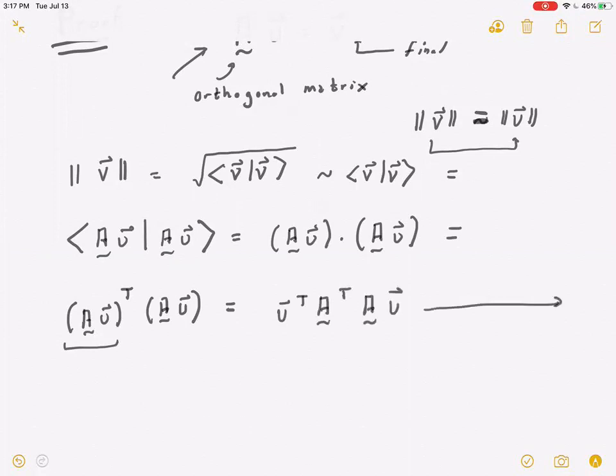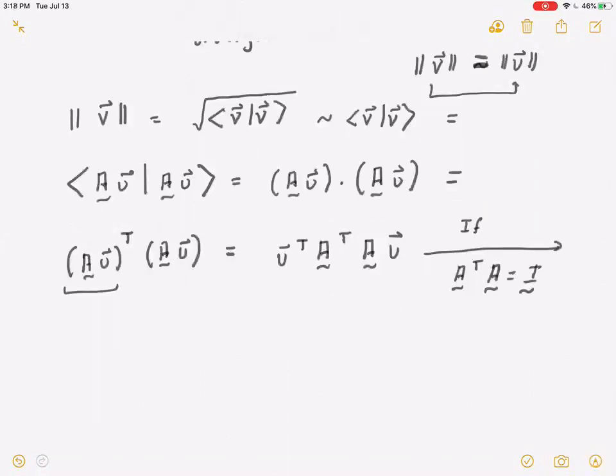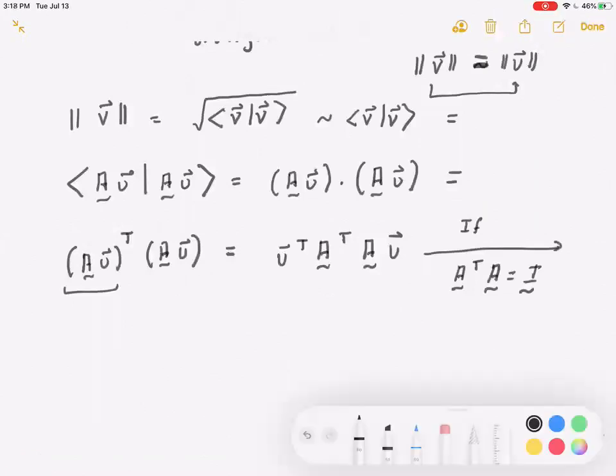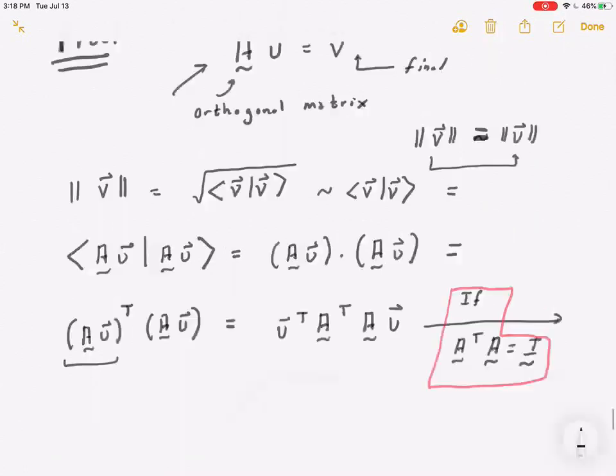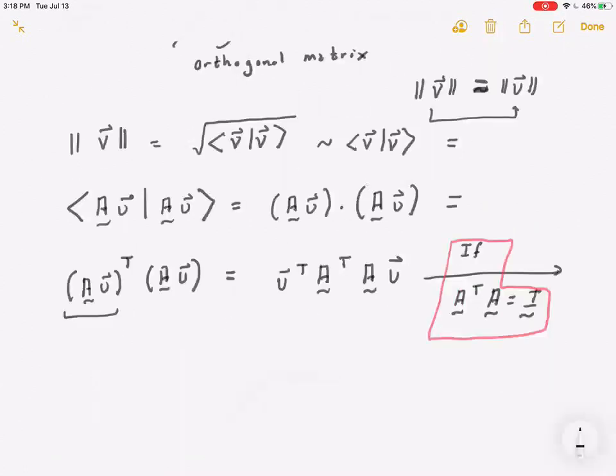And now let's make an assumption. Suppose the transpose of A times A equals the identity matrix. So we're making an assumption here in this proof, and there's a good reason for assuming it's true.